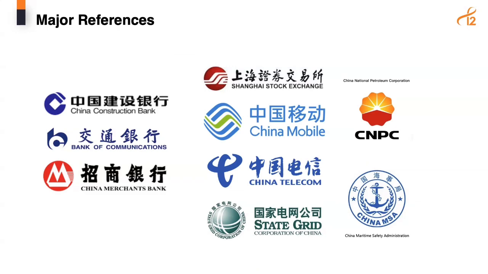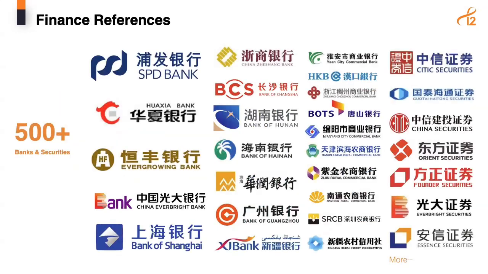And 2 of the 3 major Chinese telecommunication companies, China Mobile and China Telecom, are also our customers, and different branch offices are using our solutions. And the China State Grid and CNPC and China MSA, etc. We serve the Chinese government, the Chinese energy groups, and so on.